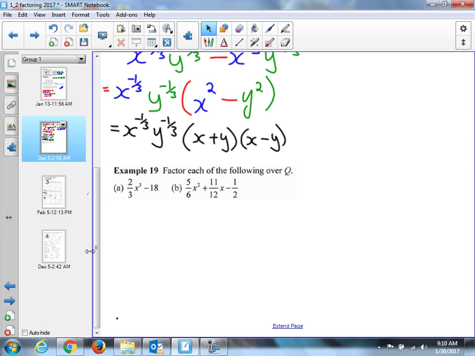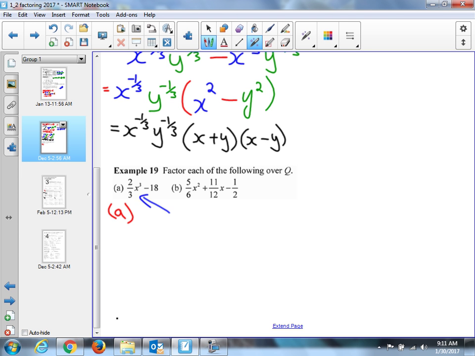Looks like the x cubed minus something reminds me of a difference of cubes formula. I'm not convinced yet. When you factor, though, you can make your life a lot easier if you get rid of fractions. In a sense, think of what I could multiply this whole bracket by to get rid of the 3.